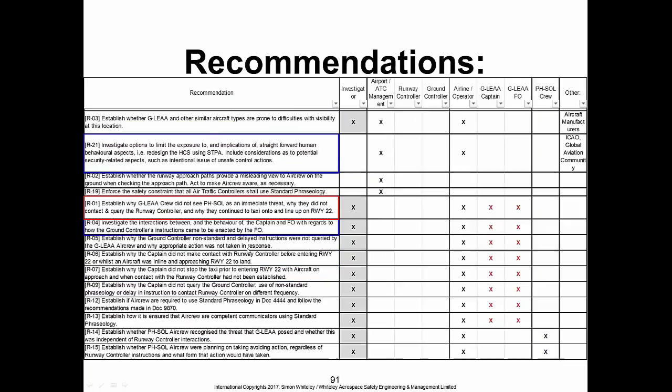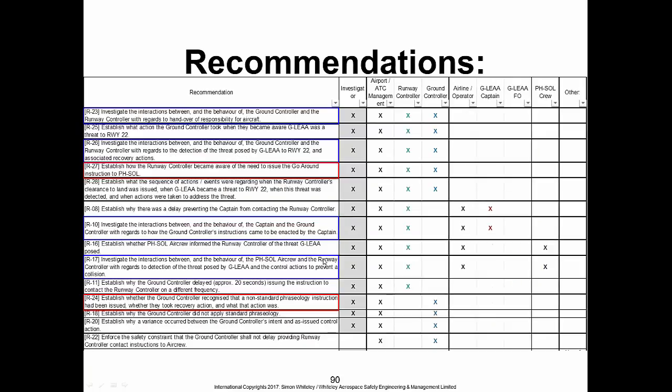Now, I've highlighted 3 red ones, and they are very specific about the runway controller and the ground controller. Recommendation 27: establish how the runway controller became aware of the need to issue the go-around instruction to PH-SOL. And it might literally be as simple as the ground controller sitting next to the runway controller and literally tapping them on the shoulder. And that's brilliant.